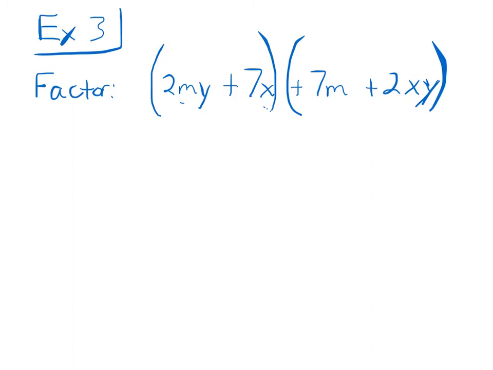Okay, if we look at it, you should kind of notice something, that this one has an m and this one has an m. Right? This has an x and this has an x. So maybe they just gave us a problem where it wasn't arranged in the best way to start off with, but if we rearrange it, then we could figure out some common factors. Okay, so all we need to do is rearrange.